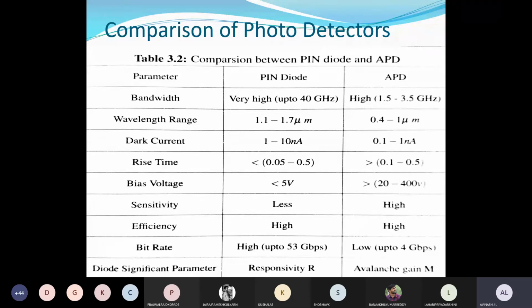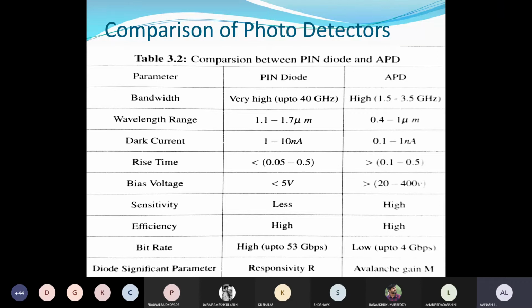When you are talking about sensitivity, what does sensitivity mean? Sensitive to what is the question. If it is sensitive to light, it is good. If it is sensitive to the outer surface, it is difficult. With respect to sensitivity, the PIN diode is less sensitive and the avalanche photodiode is more sensitive.